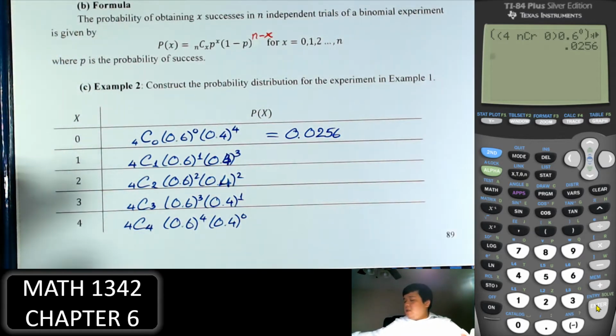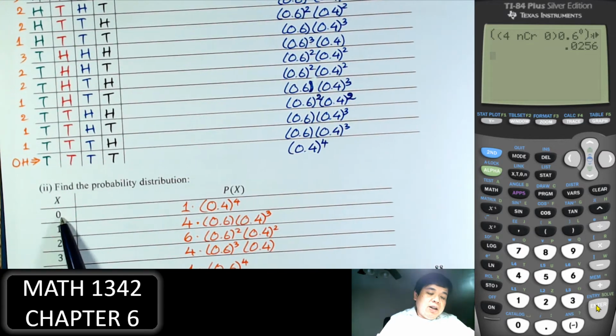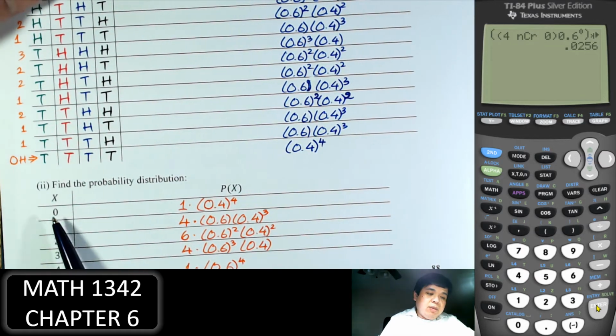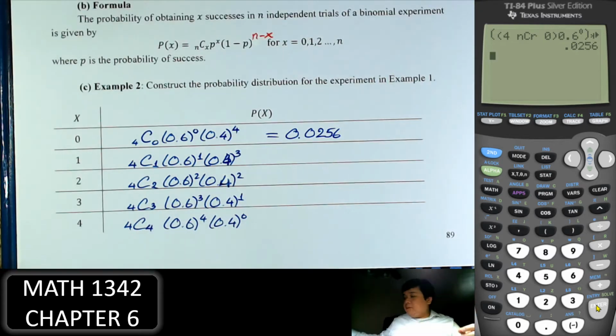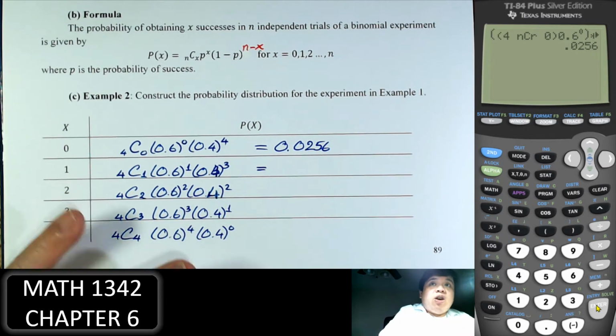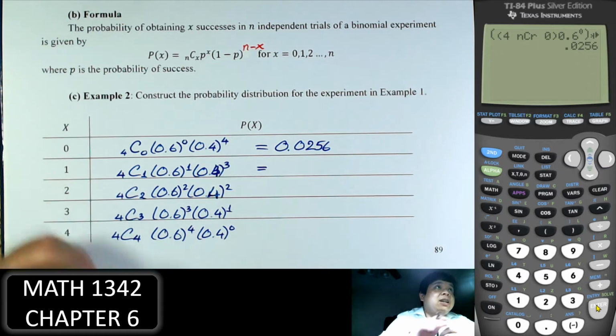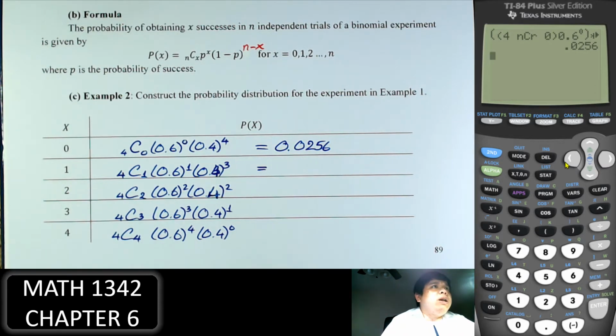There's only one outcome that has no head. Next, this is not an equally likely outcome, so we don't just count. Let's do this again.